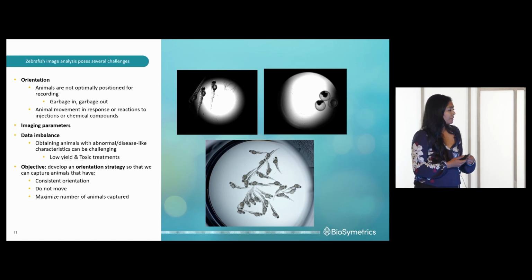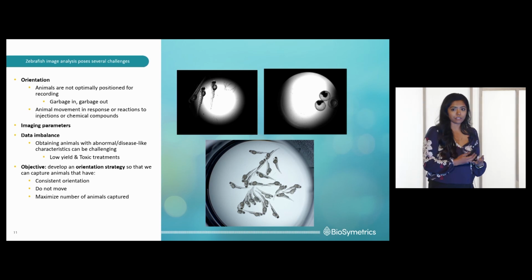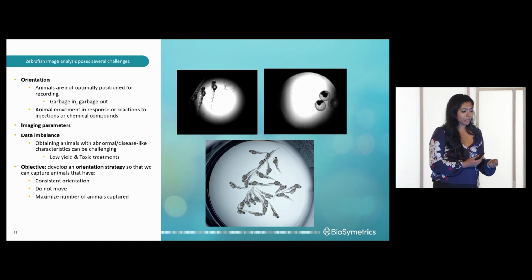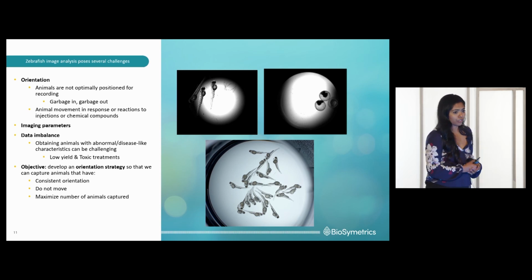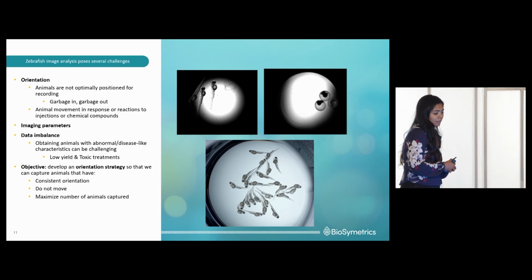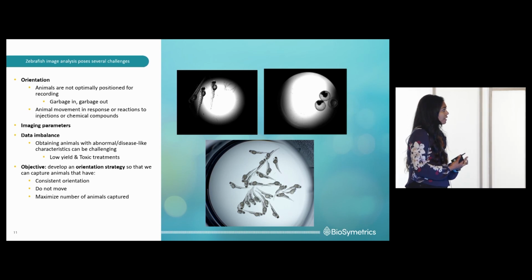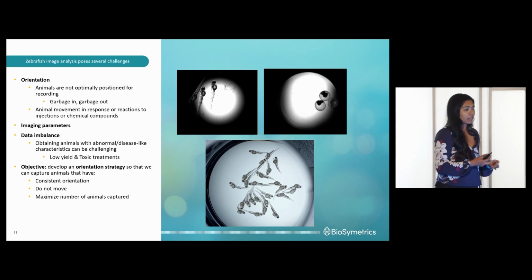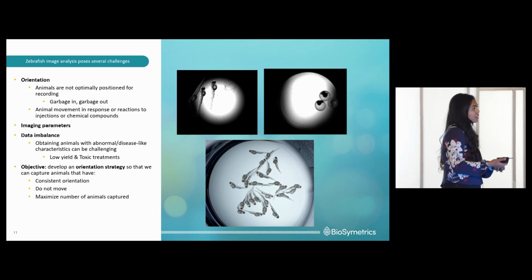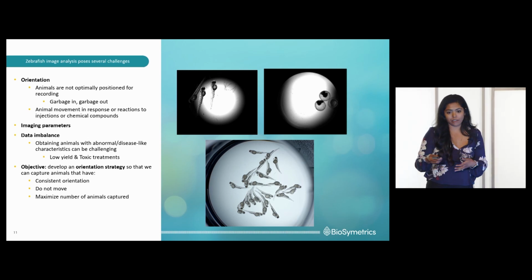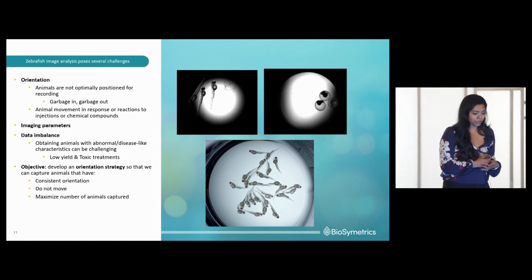Typically obtaining healthy zebrafish is fairly easy, but when it comes to abnormal disease characteristics, which our model should see, that can become challenging, and that basically gives us a low yield of data, and some of these treatments can become toxic, so it gives us a dead zebrafish, which isn't necessarily usable.